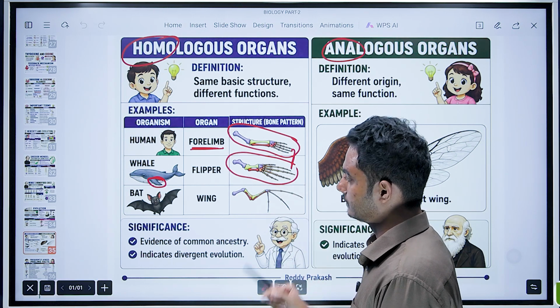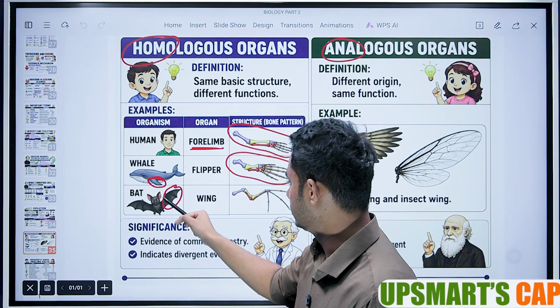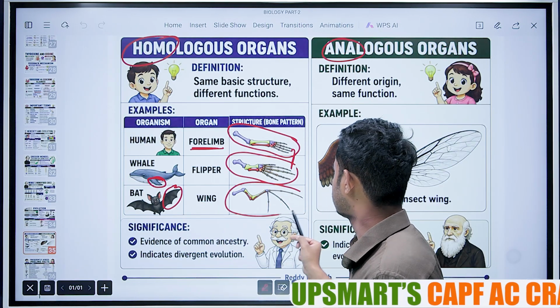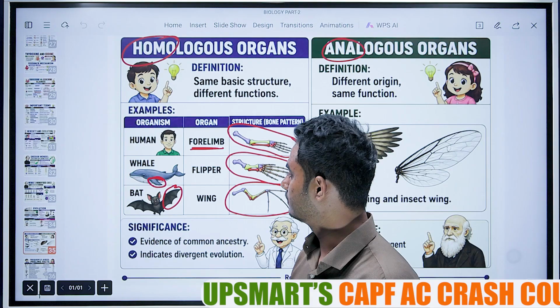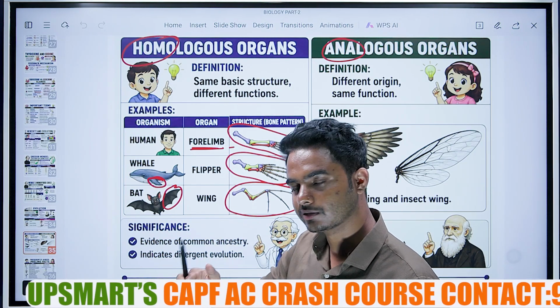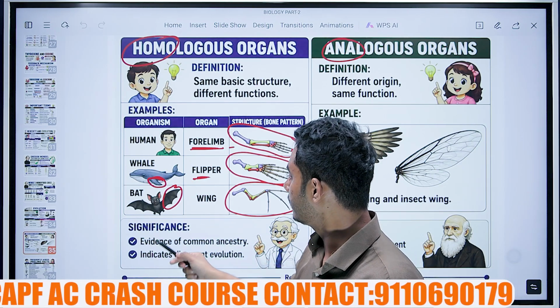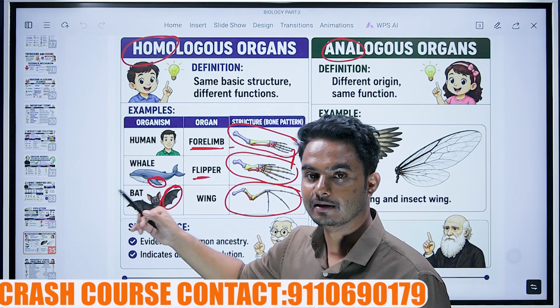Similar? Yes, sir. You have seen a bat, and the wings of a bat. It will also have a somewhat similar structure. Sir, how, sir? Different functions. We use our hand to write, to do works. Whales use their flippers to swim. A bat uses its wings to fly.